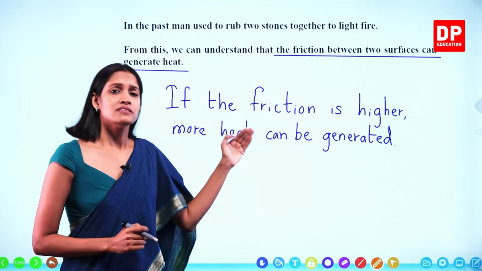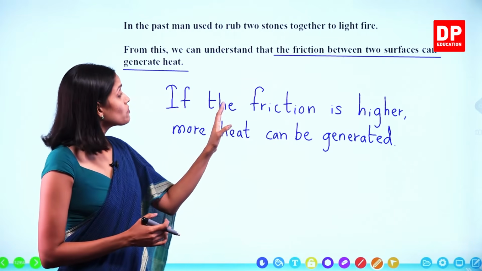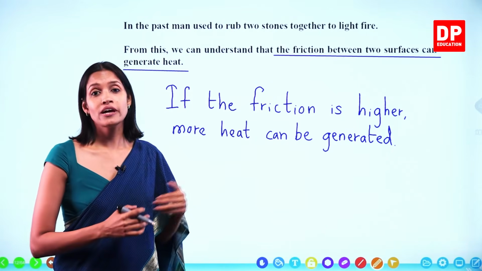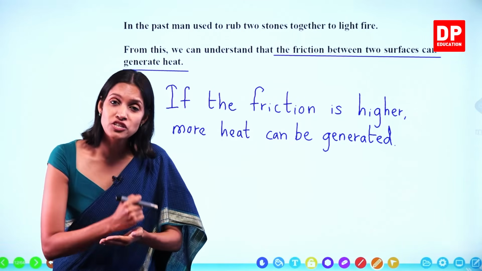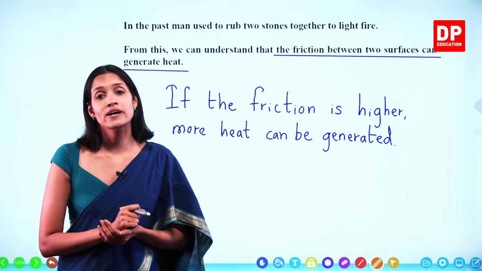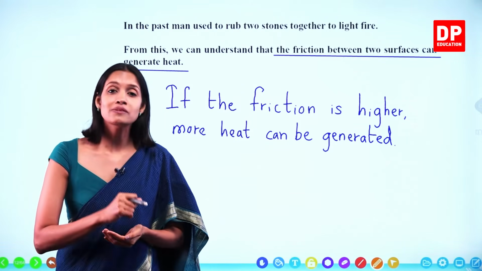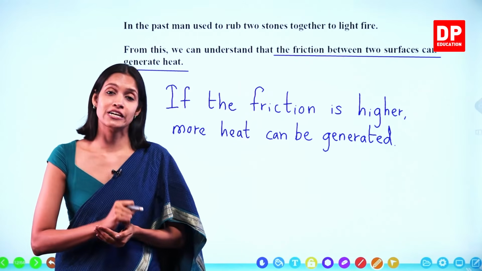Right, children? But sometimes friction can become harmful as well. When we use different machines, we have to reduce the friction between the machine parts. This is why, in between the machine parts, we put lubricants.